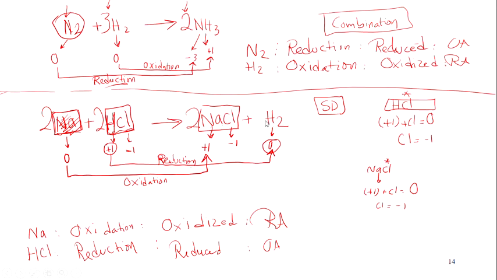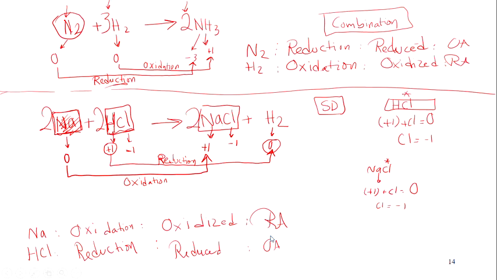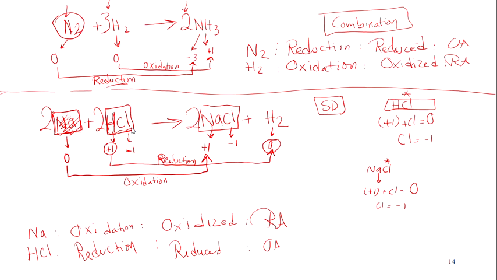We call that reduction. So whenever we have reduction, reduced, oxidizing agent. So there is no difference for Cl. As you see here, Cl 1 negative, Cl 1 negative. So it means in HCl, hydrogen is going to be changed.